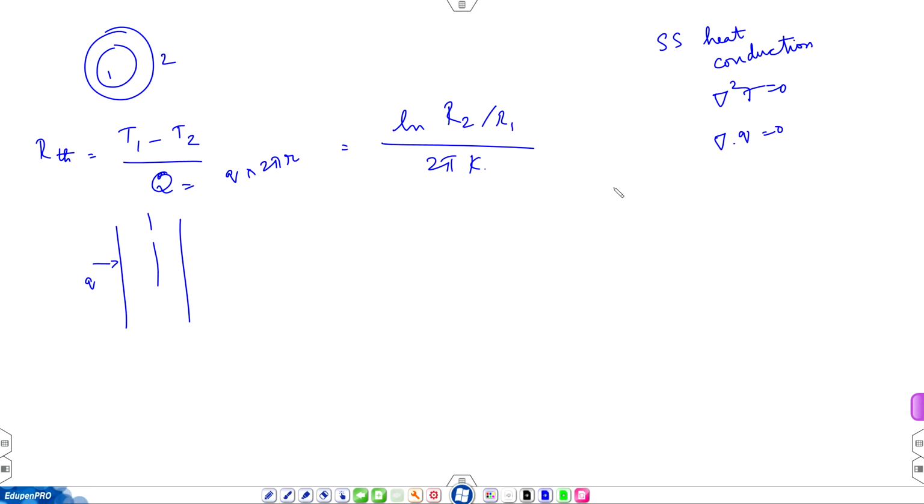Okay, so if you integrate this, q dot n, you will have q1 A1 equal to q2 A2, and this A1 is equal to A2 in case of a slab, but not so for an annular geometry. So, which is why you have a radius ratio coming into picture for a thermal resistance.